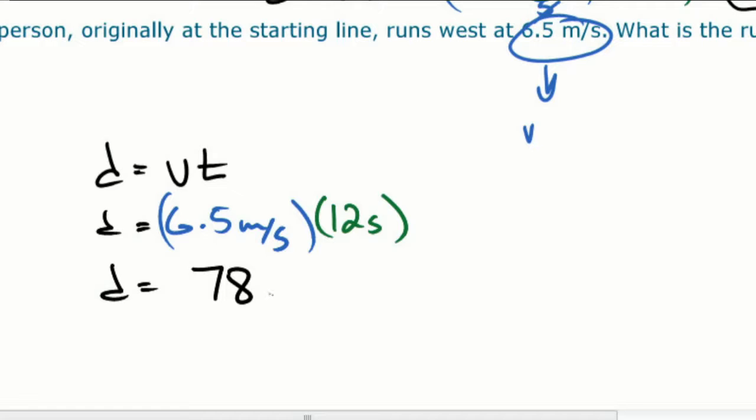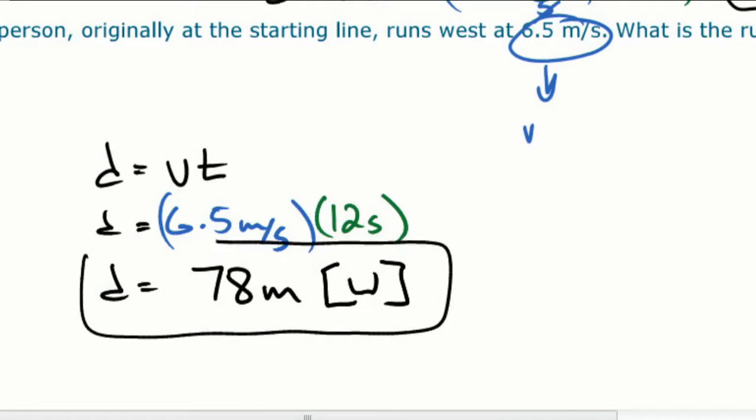And I'm looking for a distance. And in the question, the velocity of the person was west. So my answer should be 78 meters west.